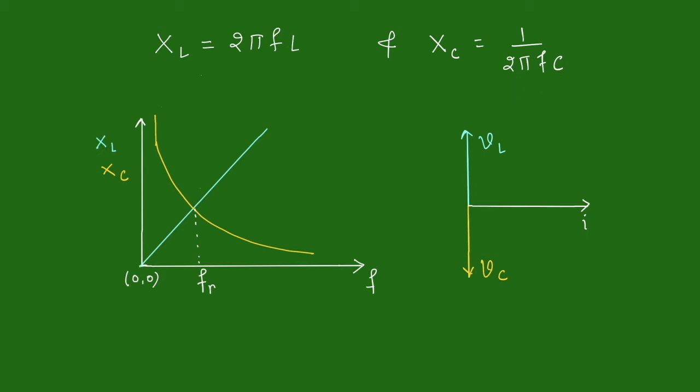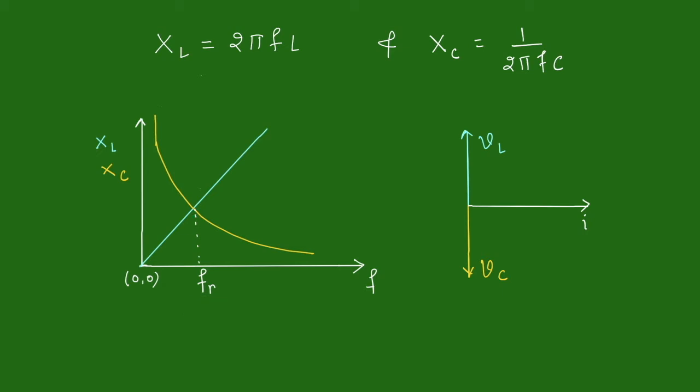So if we compare XL and XC, which are changing with respect to frequency of the current flowing through them as shown over here, we can see that at a certain frequency, XL will be equal to XC. This frequency is denoted as F suffix R.